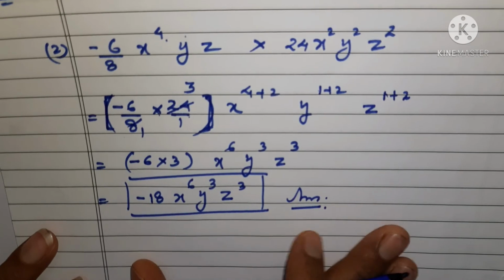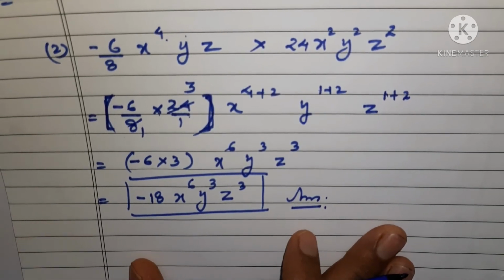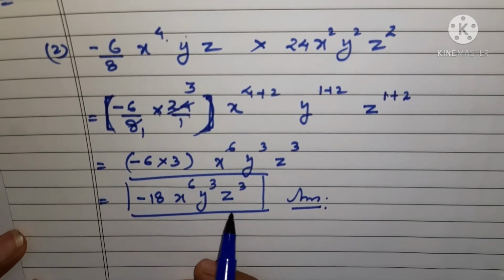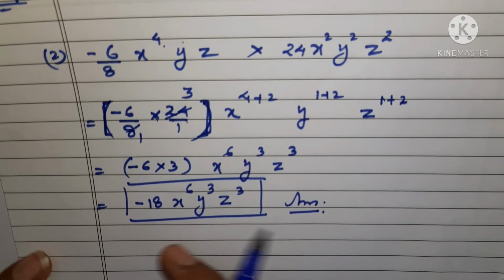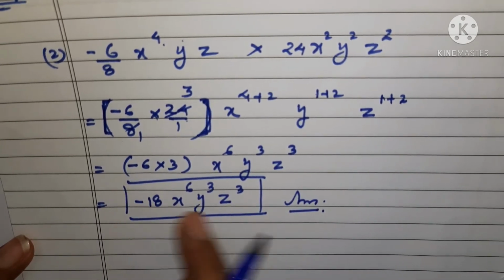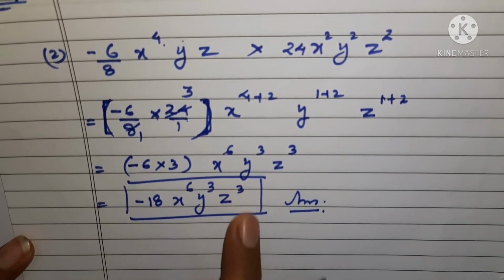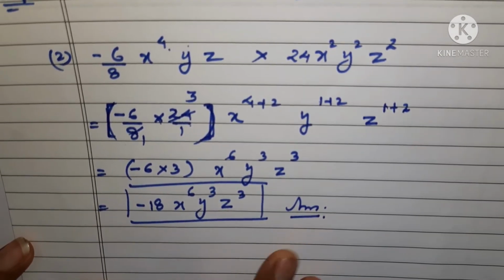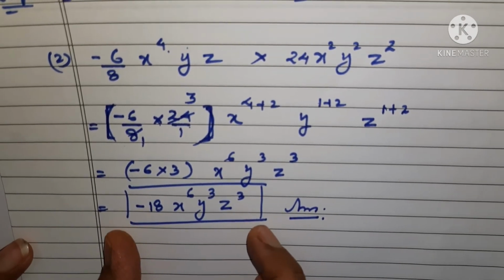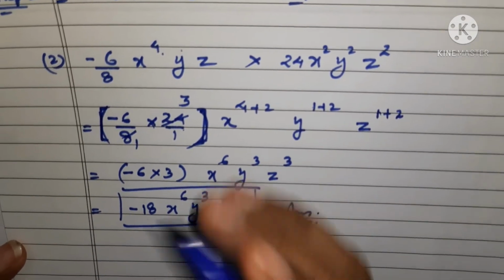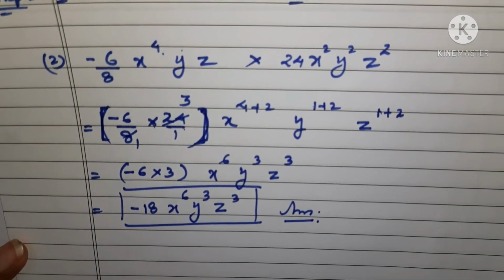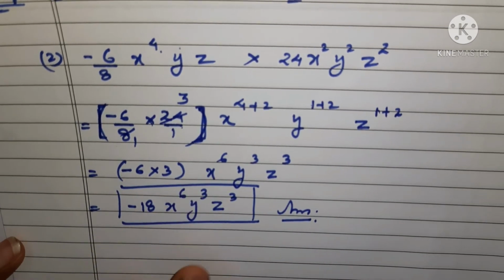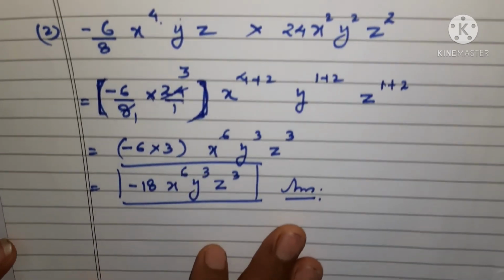In mathematics it is very necessary, or you can say it is going to be one helping factor to gain marks. When we want to gain marks, what do we do? We try that our answer is in a bracket or highlighted by writing it in a box, and we write the answer next to it. So that your teacher is going to check the answer is correct. Then they go for the steps you have done, so that they can check how you have done the answers, how you have done the steps. Okay, so I hope you have understood this also.